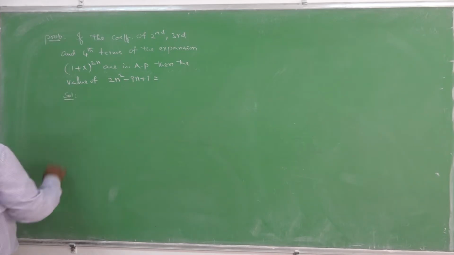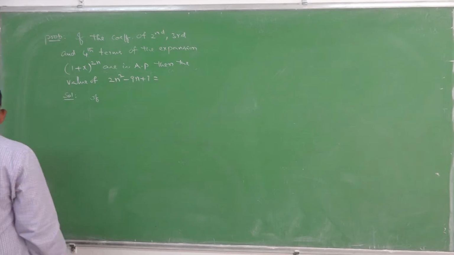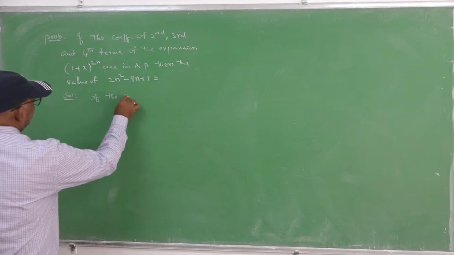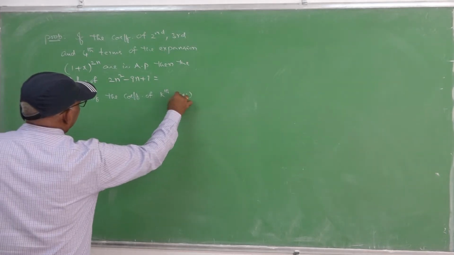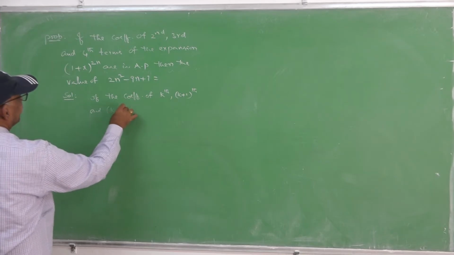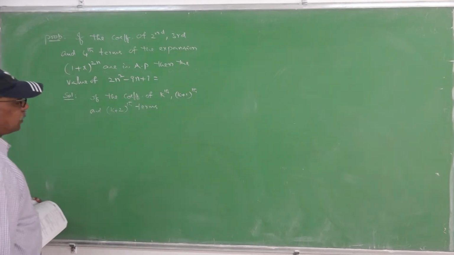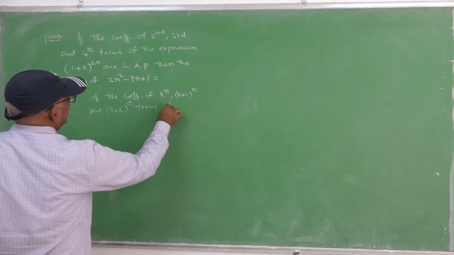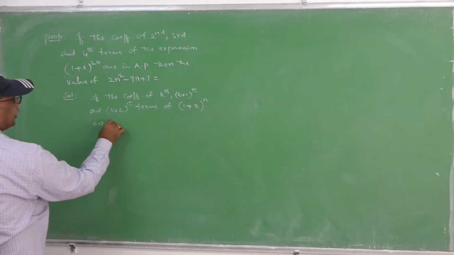So there is a formula for this one. If the coefficients of the k plus 1 and k plus 2 terms, the coefficients of the successive terms k, k plus 1, k plus 2 of (1 + x)^n are in AP.